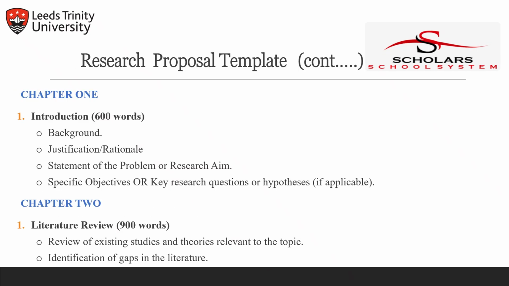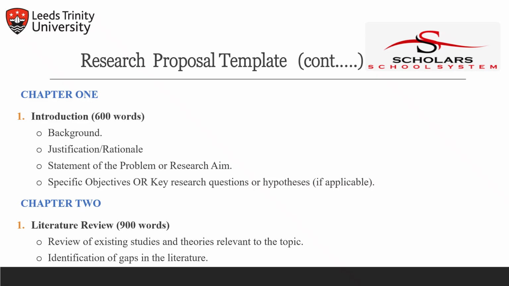You can see on this slide the research proposal template, and for the convenience of the students' writing, this layout has been divided into different chapters. So under chapter 1, the students can write the introduction, about 600 words.